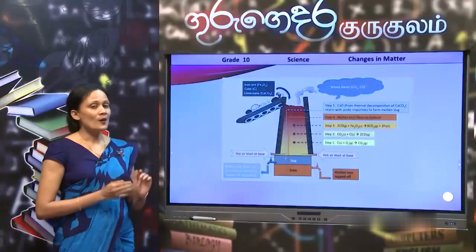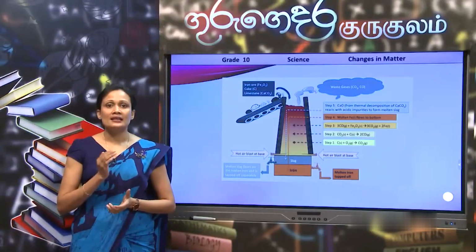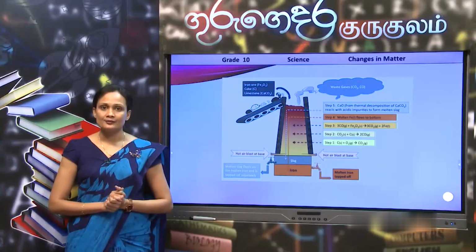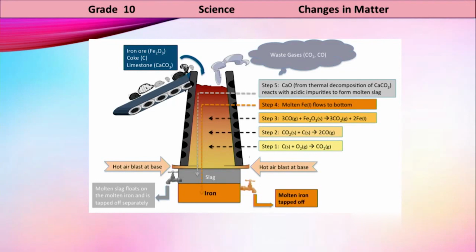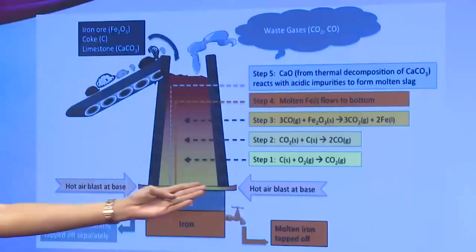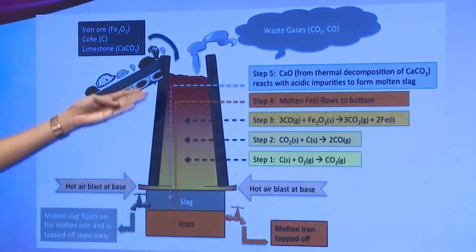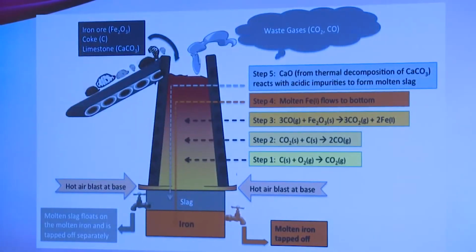Okay, now I am going to summarize the extraction of iron by using the blast furnace. Look at this picture. Here at the top of the blast furnace, we insert the raw materials: iron ore, coke and limestone. And at the bottom, we are inserting the hot air.